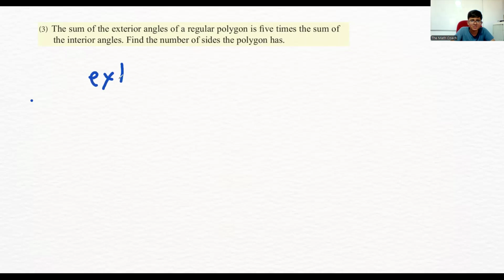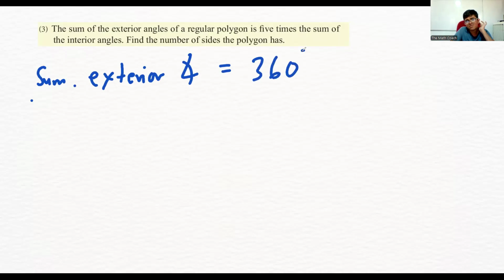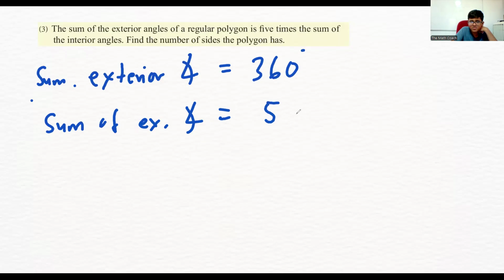The sum of the exterior angles equals 360, right? So what they are saying is that the sum of exterior angles equals 5 times the sum of interior angles. This is how you break down those English words into mathematical equations, right?